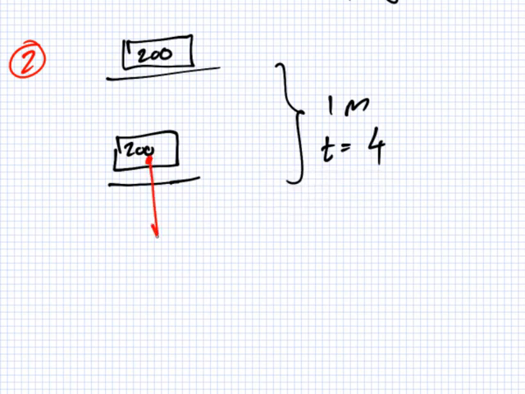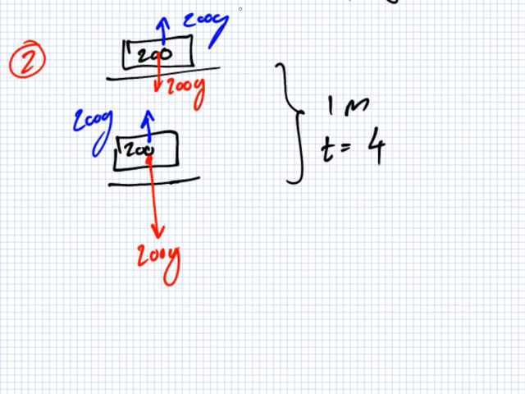Now the weight here is 200 G. So if the forklift lifts the potatoes, how much force does it need to lift the potatoes? It needs at least 200. Maybe it's like 201 or something, it doesn't matter, but at least 200.